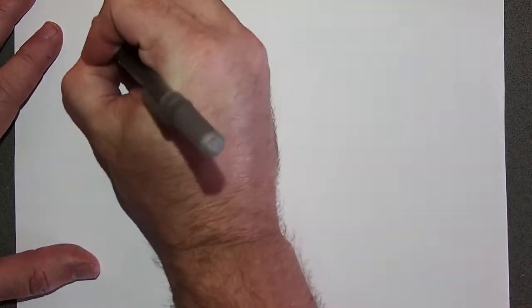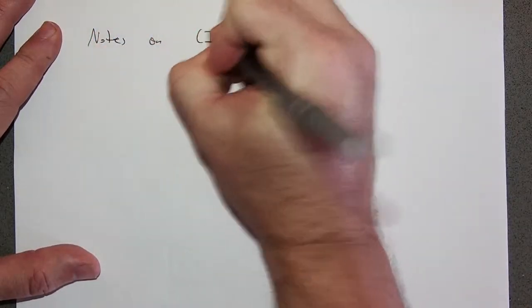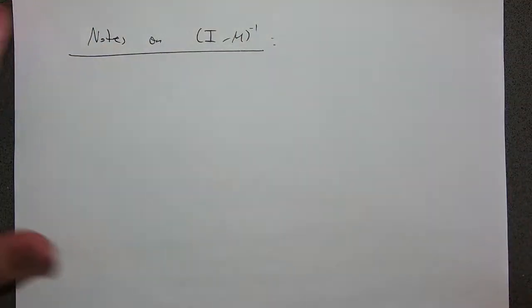Moving on. So now, what about this matrix I minus M inverse? So let's move back to the case where I minus M is invertible, our typical case, and look at what this inverse means.